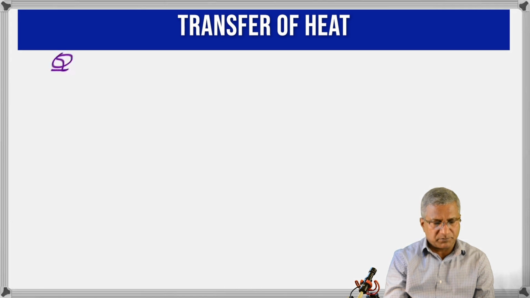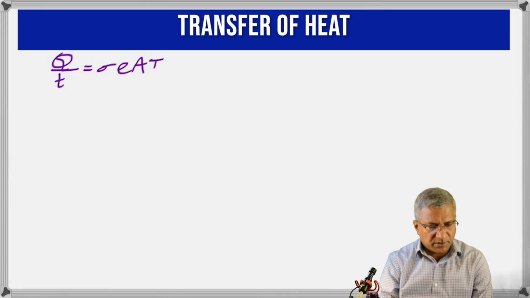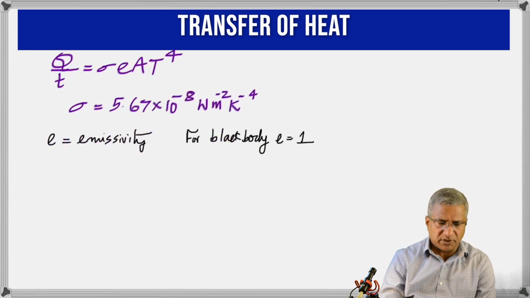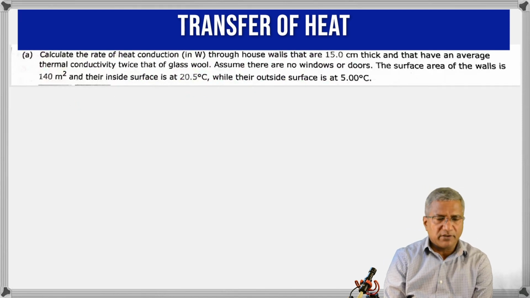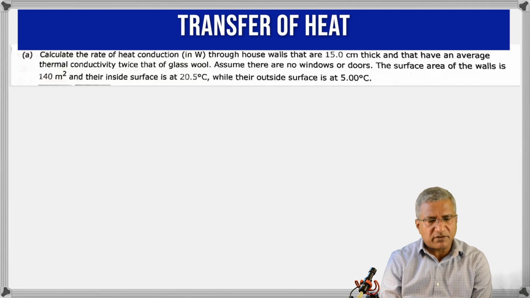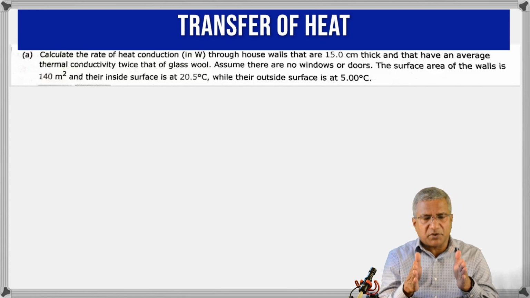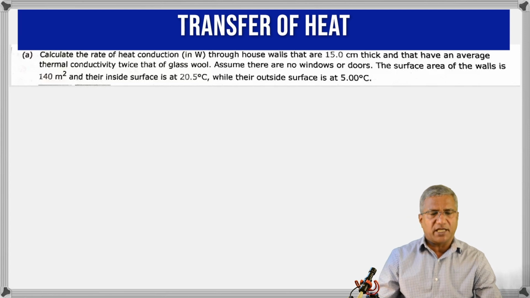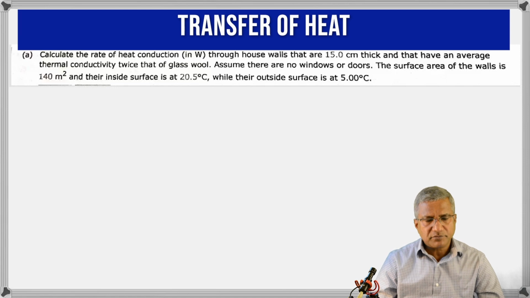And let's do a problem on conduction now. Here is a problem. No, this is the formula for radiation, but I'll come to that later. All right, here is the problem on conduction. Calculate the rate of heat conduction in watts through house walls that are 15 centimeters thick, and that have an average thermal conductivity twice that of glass wall. So K is given.